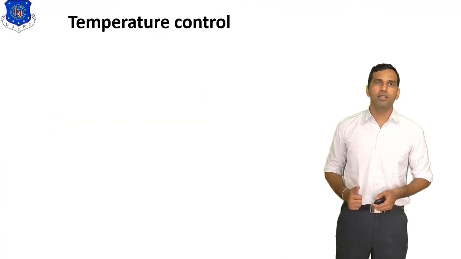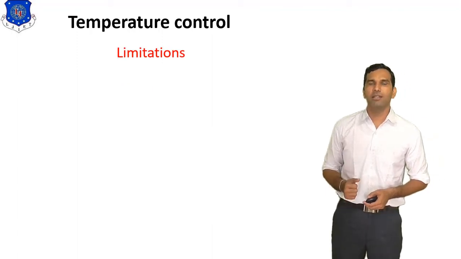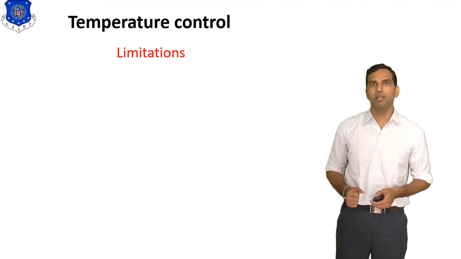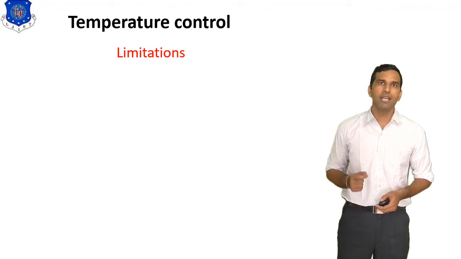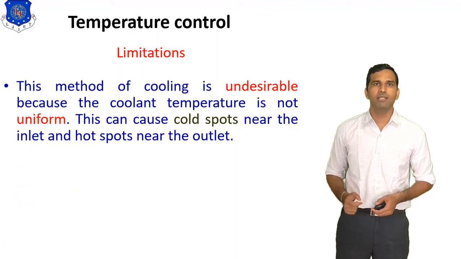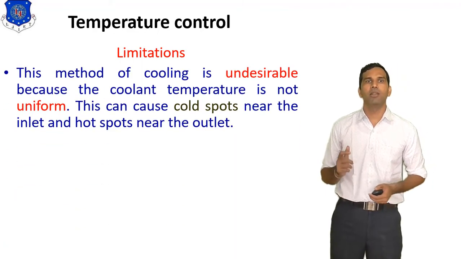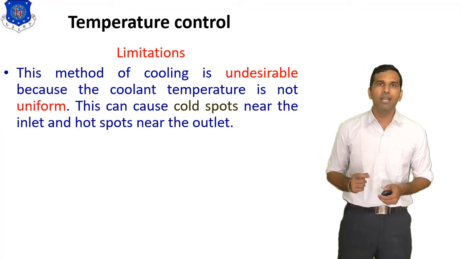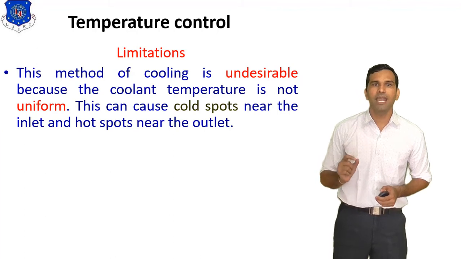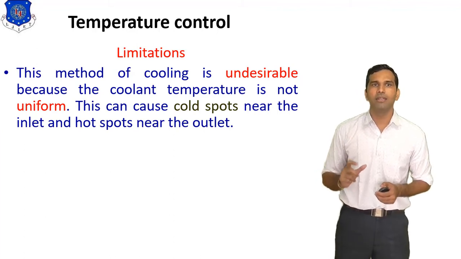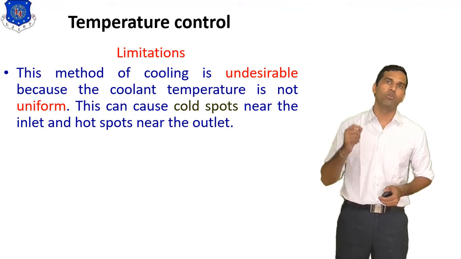Now we discuss another method. Before that, there are some limitations of the previous method. The first limitation is that this method of cooling is undesirable because the coolant temperature is not uniform. This can cause a cold spot near the inlet and a hot spot near the outlet.